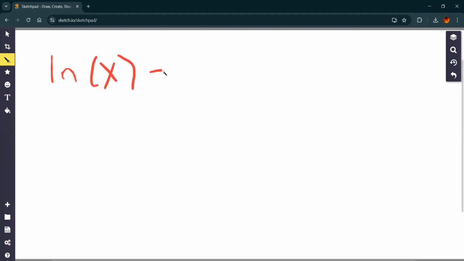Well, ln of x just means a log that has a base of e. And what is e? e is one of those numbers, kind of like pi, that's a constant, meaning it's the same every time. e is approximately 2.72 or 2.73.